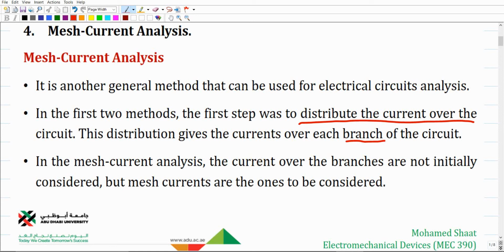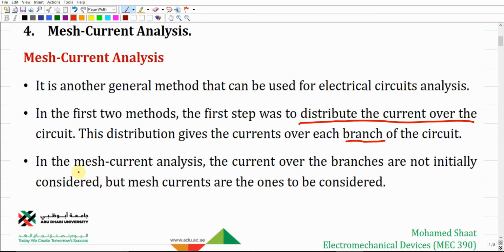We start from the source, a current source or a voltage source, follow the arrangement of the different elements and distribute the current through the circuit. This gives us the current over all the branches.